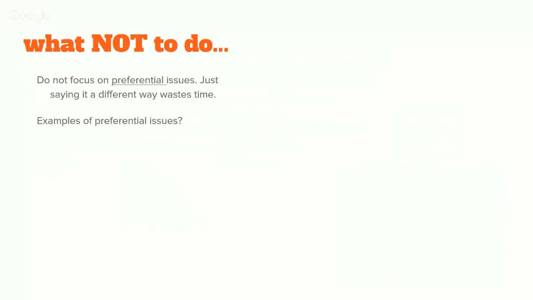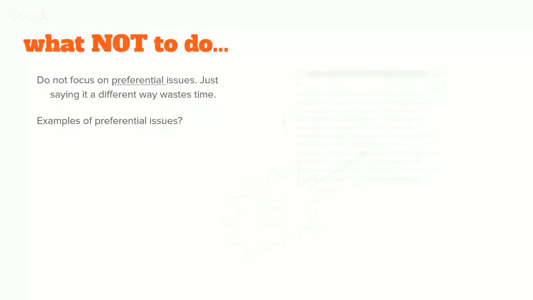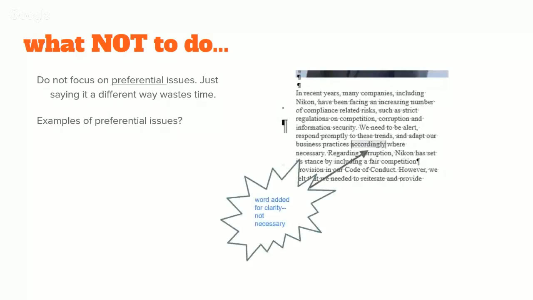I actually had an English source here. I don't know how well you can see this. This was a document written in English by someone who is not an English speaker, so they asked us to go through and edit it so that it flowed better. But I noticed the editor added extra preferential terms. Here's an example where the editor added the word accordingly.